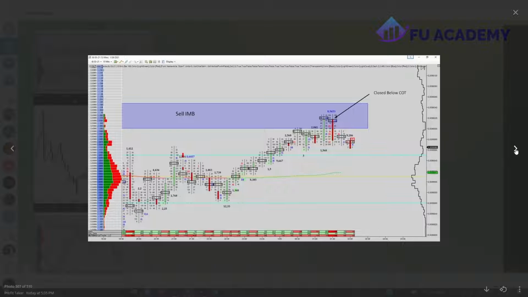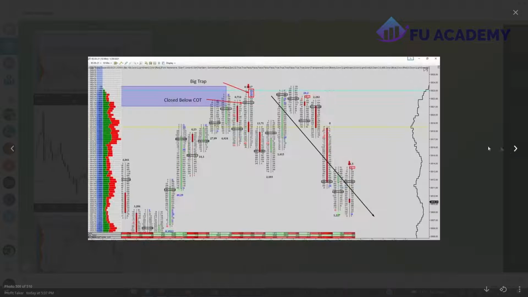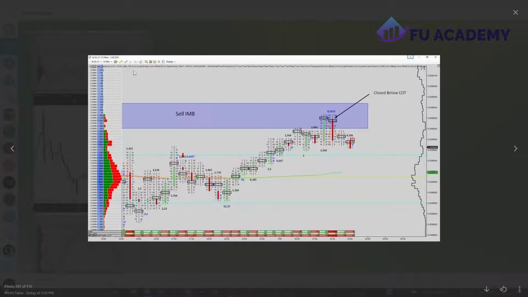We took this trade in our paid group, and it is a buy, because this is 6J. 6J is the inverse of USD JPY. When 6J is dropping, that means USD JPY will buy. So we took this buy because we saw a sell setup on 6J.